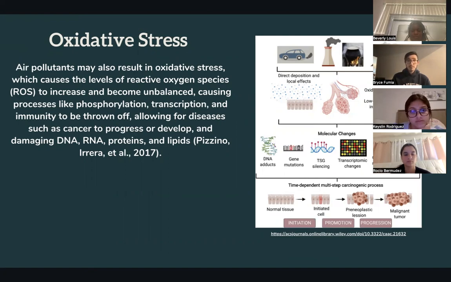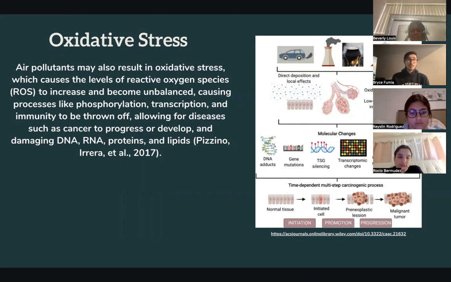These are thrown off because the processes of phosphorylation, transcription, and immunity occur at low levels of ROS that are regularly in our body. When you have this overabundance of air pollutants, that level of free radicals from the air pollutants increases the amount of oxygen that can react with specific species.